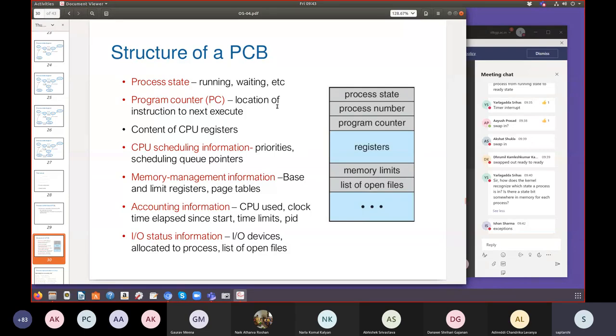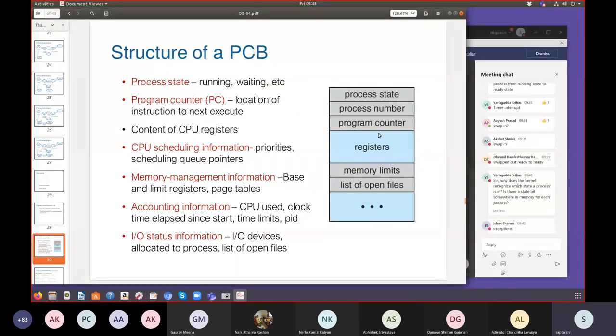Also, every process has some ID, some number that is stored, process number. Then the program counter, the location of the instruction to execute next. Then the registers.